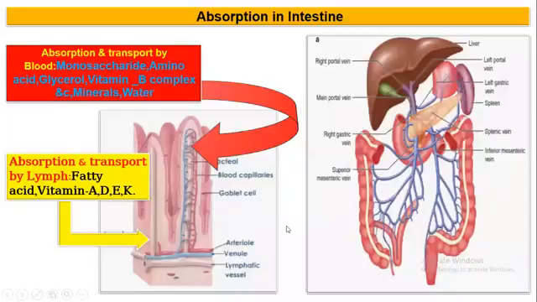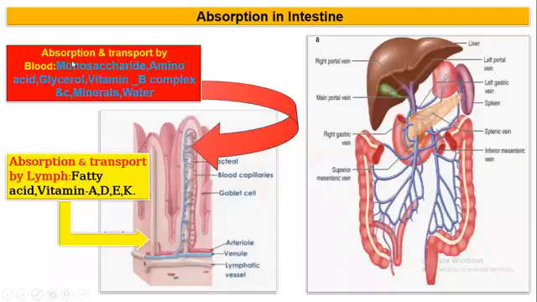Here is the absorption process. We know that there are numerous villi in the small intestine, especially the ileum, and their cells are enriched with blood capillaries and also the lacteal.